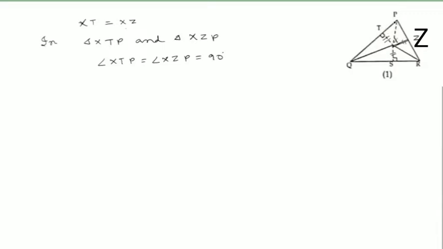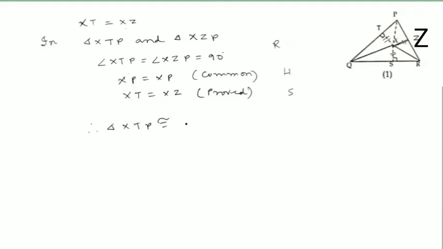Okay, and here you see XP is the hypotenuse and this is common to both, XP is equal to XP, common in both the two triangles. And last we proved XT is equal to XZ. This is already proved. So in these two right angle triangles, hypotenuse are the same and another side is also equal. So these two triangles are congruent.